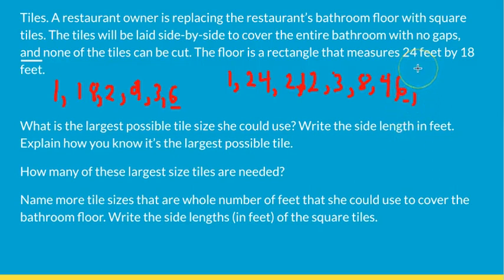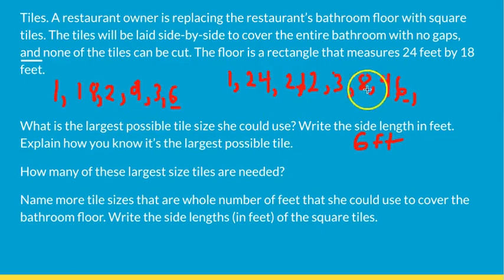But if we go by side length of each square being 6 feet, it will work for what we're talking about. So each square would have to be a 6-foot long side. And how do we know this?